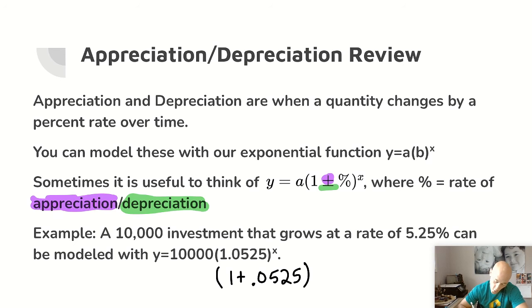And hopefully you remember that when we have a percent, to convert it to a decimal, we move the decimal to the left 2 places and add however many zeros we need to. So that's how we get the 0.0525 right there.